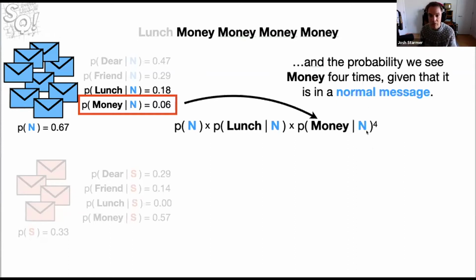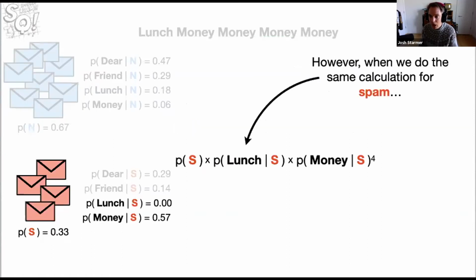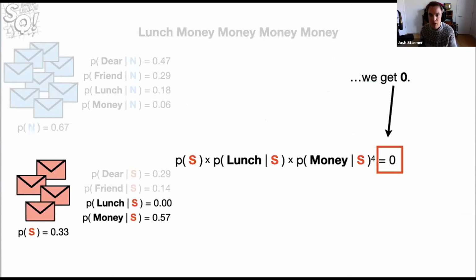So I'm using this exponent of 4 to sort of make the math a little smaller. Okay, that being said, when we do the math, we get this tiny number, and that's kind of what we expected. However, when we do the same calculation for spam, we get 0, and that's not what we expected.